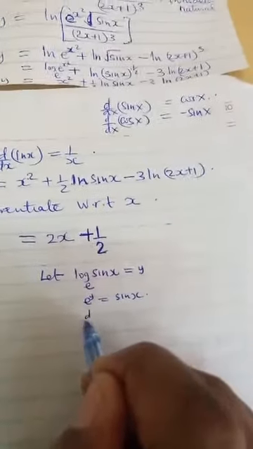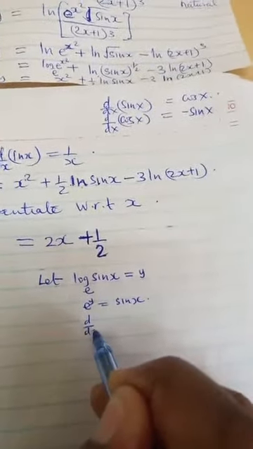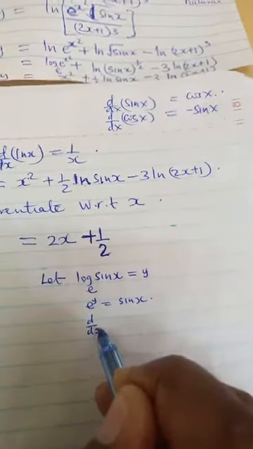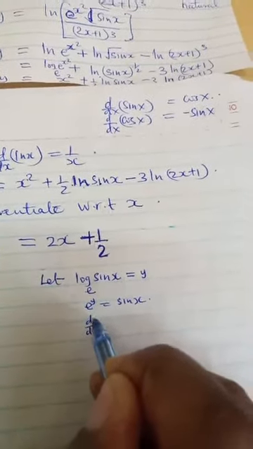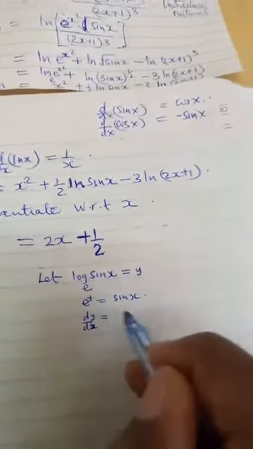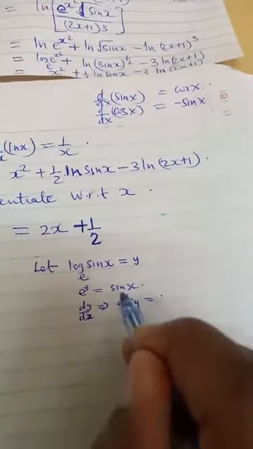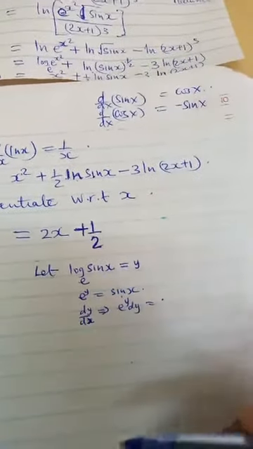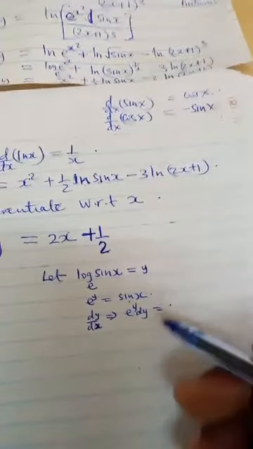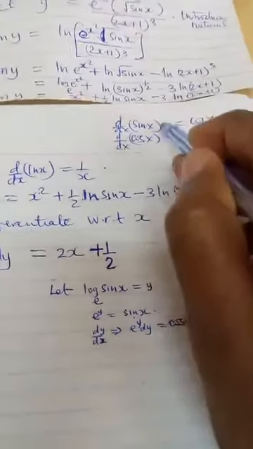So d by dx, which is supposed to be dy by dx, is going to give me e to the y dy by dx equal to, when I differentiate this, cos of x, since the derivative of sine is cos.